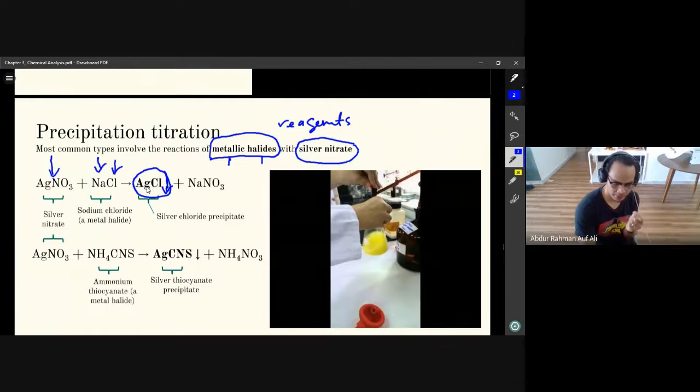It is a very dense metal, elemen besi yang tumpat. If you take any types of metal, any type of silver yang kamu can find, you put it in water or any solvent, dia akan drop down to the bottom of the solution. That is because dia punya ketumpatan sangat tinggi, dia akan duduk di bawah. So dia tidak boleh larut, dia tidak boleh dilarutkan.